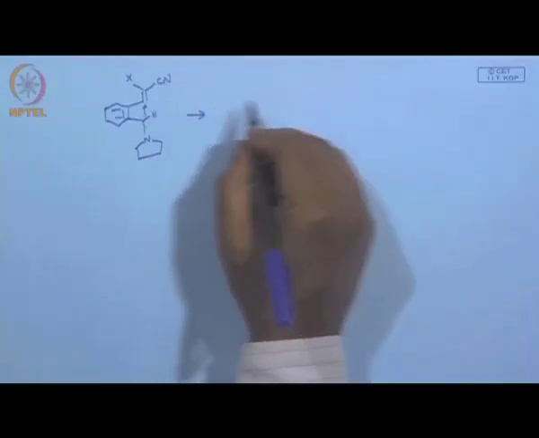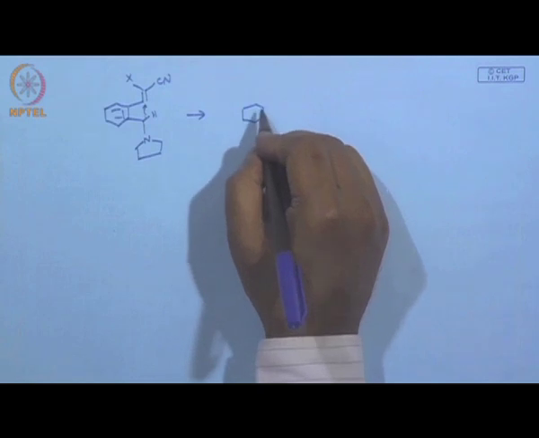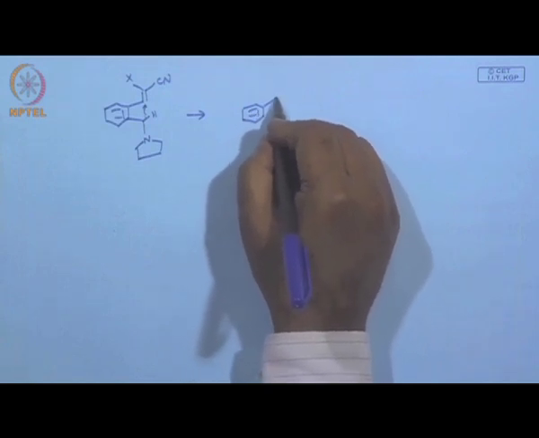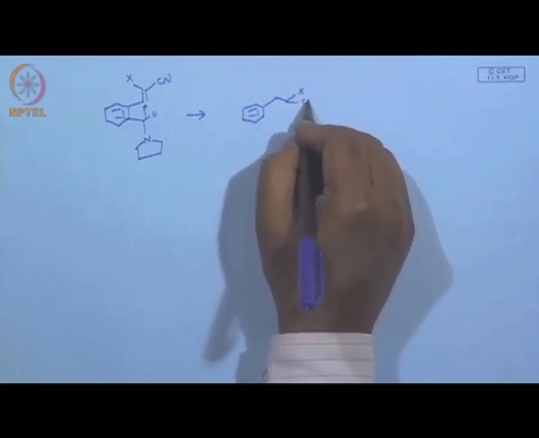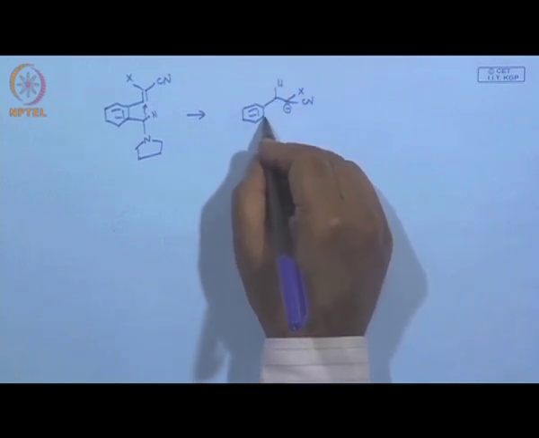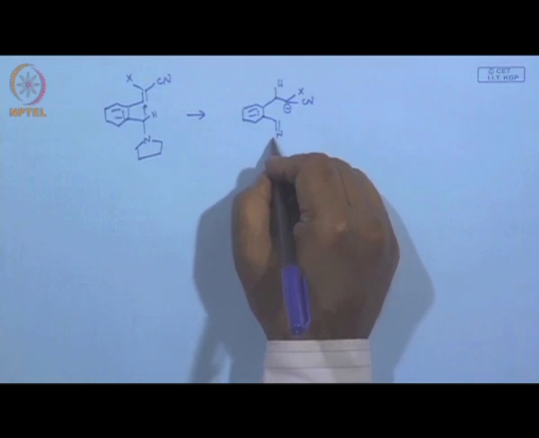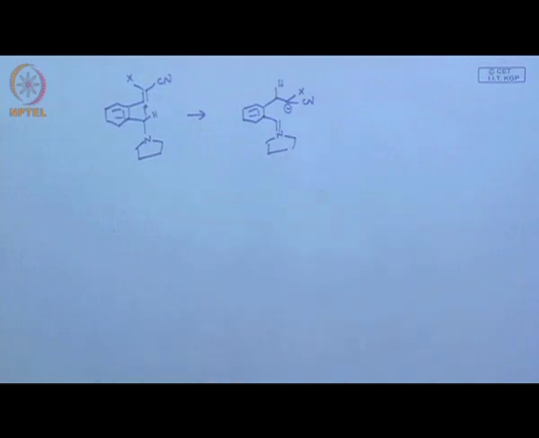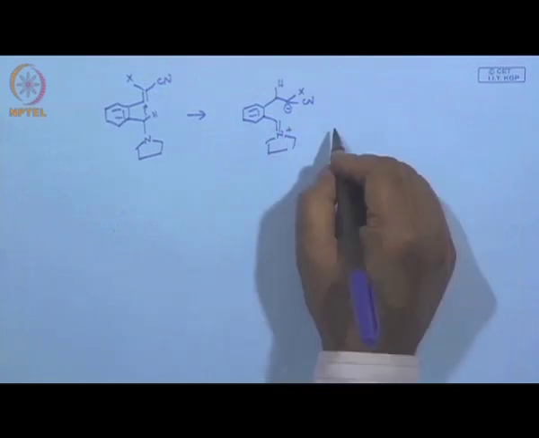And what do you expect? Without going through the sigmatropic shift, one would expect that hydride would be shifted to this, right. So if that is so, then we have this X and this CN, and hydride is attached to now this nitrogen here, and this iminium ion, right.